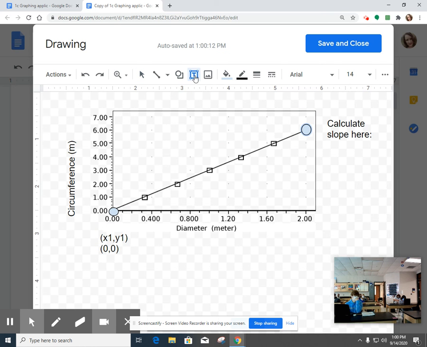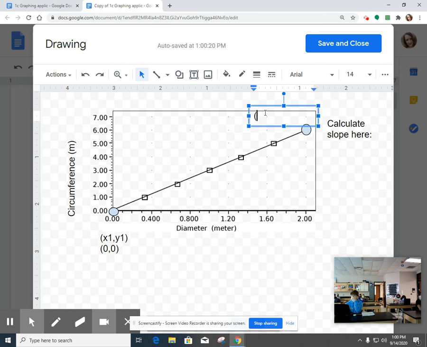I'm going to add a text box. And I'm going to add it above so that it's nice and clear. So this is x2 comma y2. And what were those data points, Luke? 7 and 2. 6 and 2. Where does it say 6?